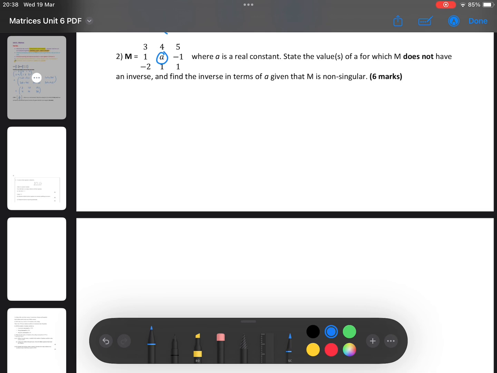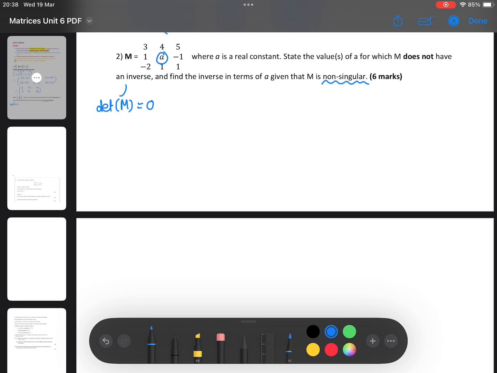So non-singular means that the determinant is not 0, and M will not have an inverse if det M equals 0. And that's because when we're inverting a 3x3 matrix, one of the parts of that inverse is going to contain 1 over the determinant. Of course, you can't divide by 0, so that's why that won't work.